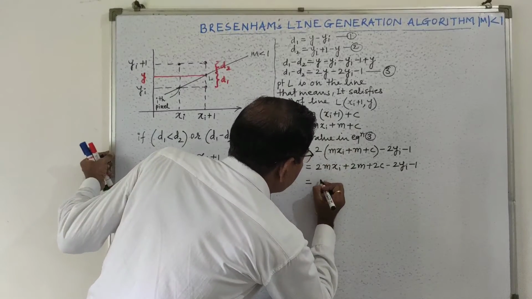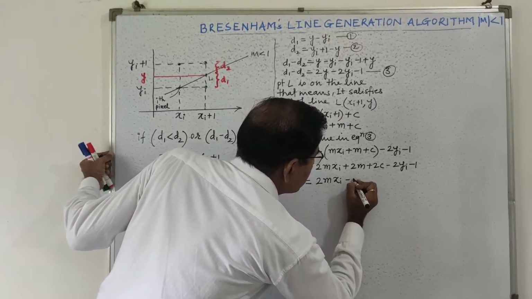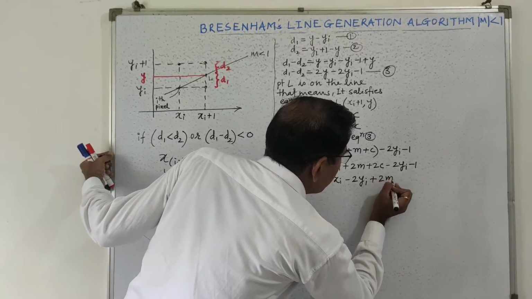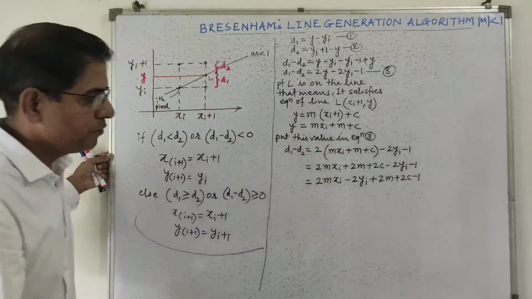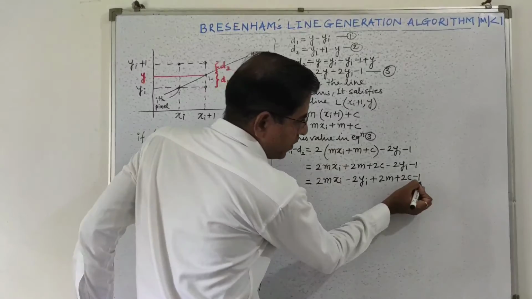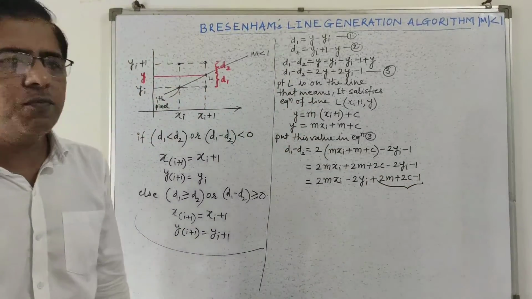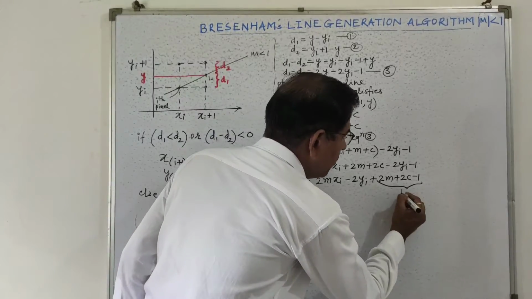So it is 2m xi minus 2yi plus 2m plus 2c minus 1. Now in this expression, the term 2m plus 2c minus 1 is a constant term.